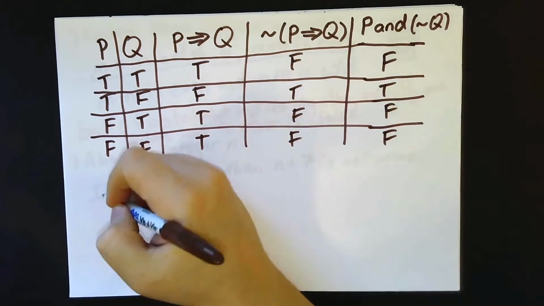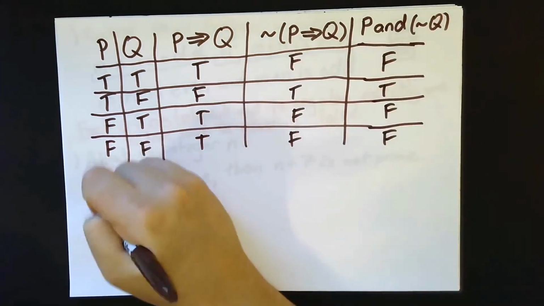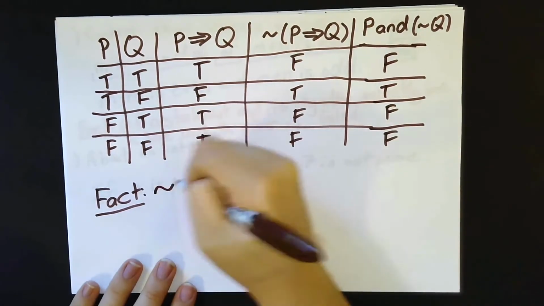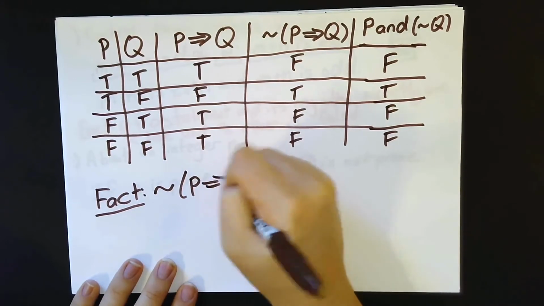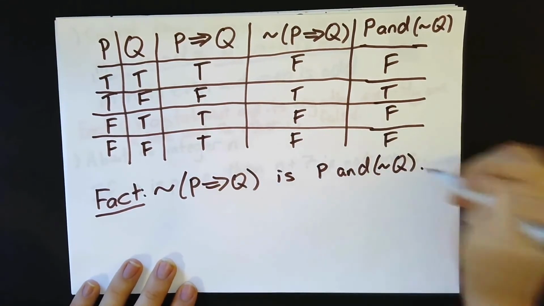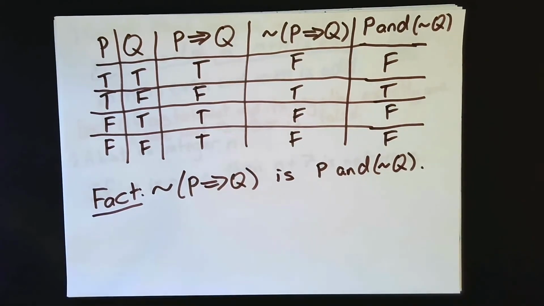And so then if you want, here is a new fact that we can record for ourselves. The negation of the implication P implies Q is P and not Q. Now, this might be upsetting on a visceral level, because we have this beautiful symmetry: the negation of and is or, the negation of or is and.